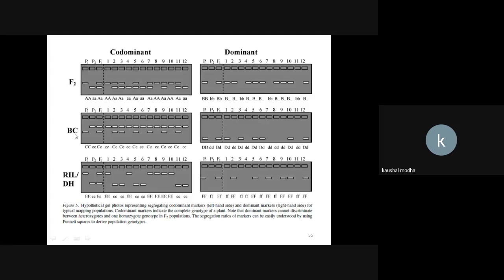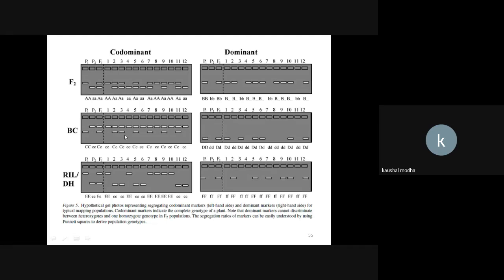If you use the codominant marker in backcross, then again there are two alleles for a particular marker. This is the situation in F1, and if you have developed a backcross, then we know that there will be 50% heterozygous plants and 50% homozygous plants. There is 1:1 segregation. Some of the individuals will express this allele P2, and some of the individuals are heterozygous.